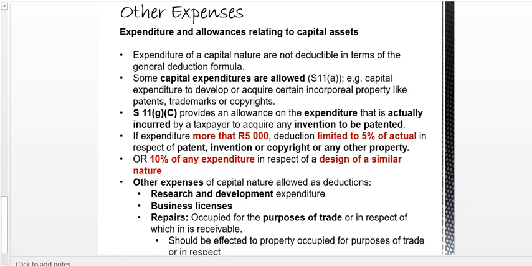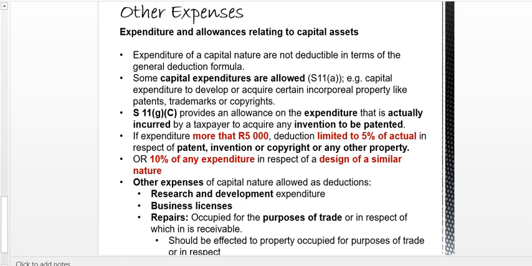If it is more than 5,000 Rand, then you may only deduct 5% of the value. Essentially, you may not deduct anything more than 5,000 Rand in total. That relates to your patents, inventions, or copyrights, but you may also deduct 10% of any expenditure in respect of a design of a similar nature.